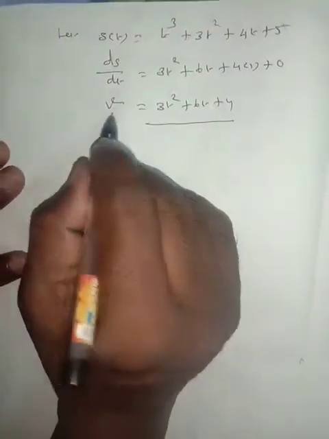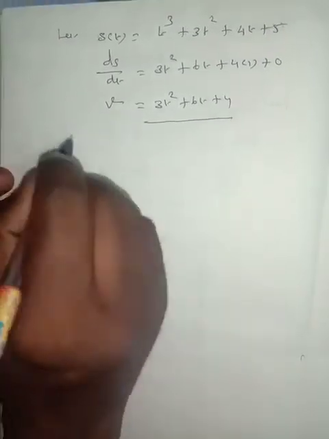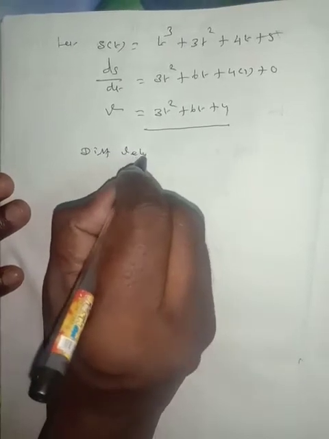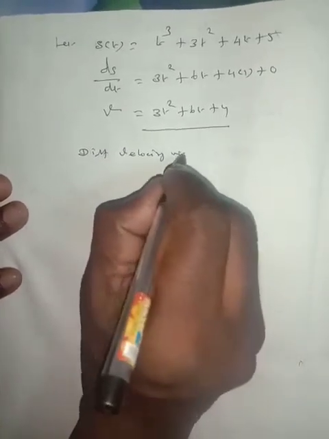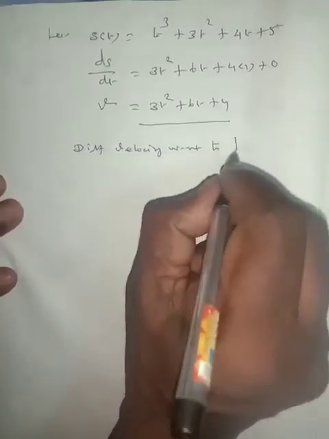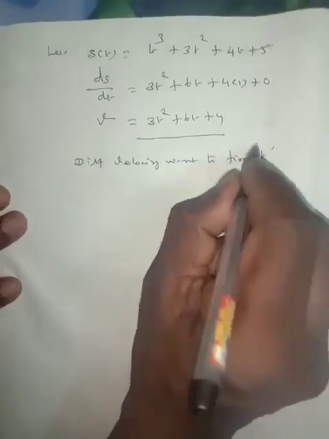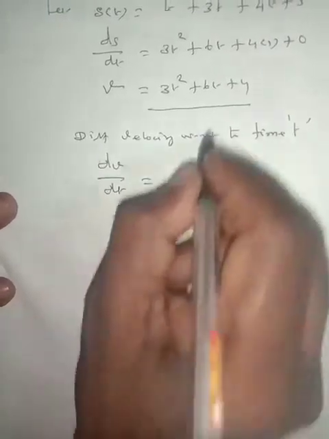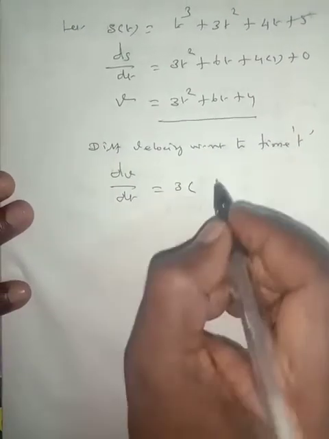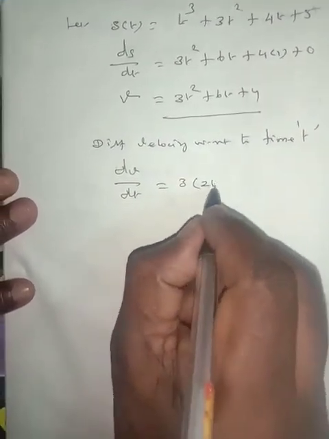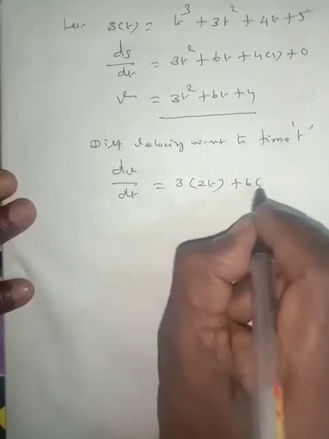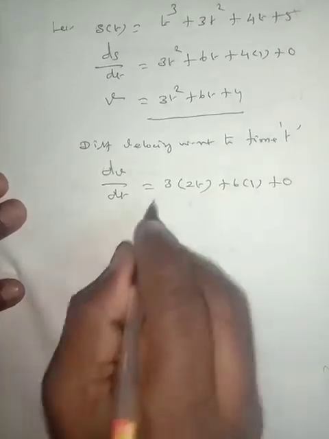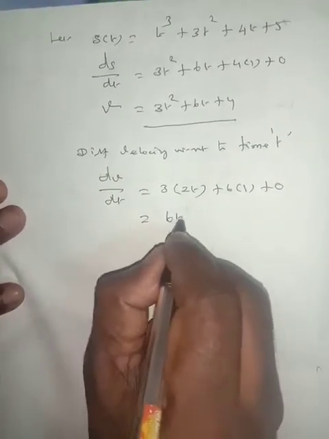Again, differentiate velocity with respect to time t. We have dv by dt, 3 into t square, differentiate with respect to t, we get 2t, plus 6t with respect to t, we get 1, plus constant term 0, is equal to 6t plus 6.